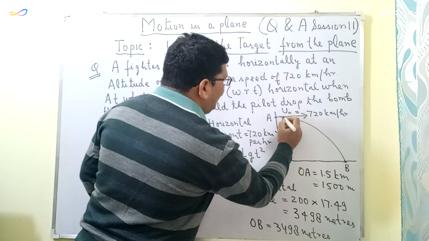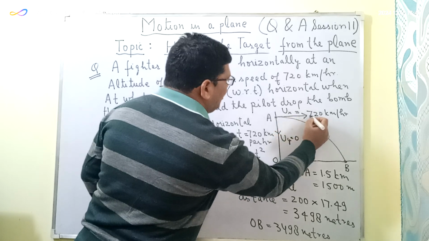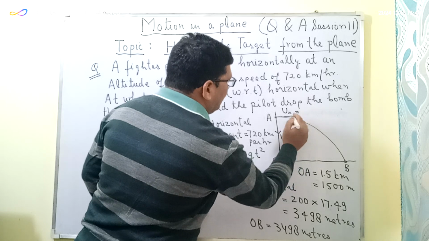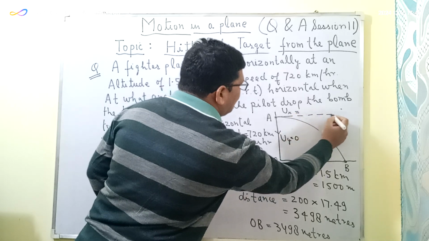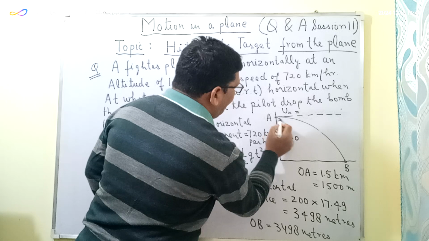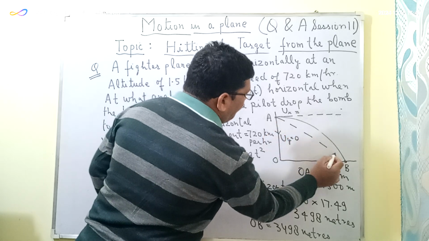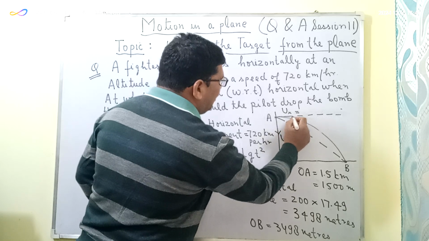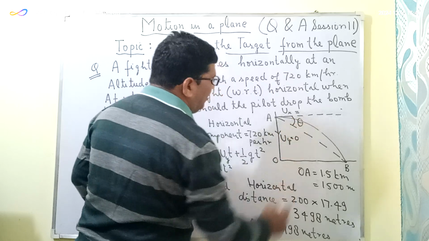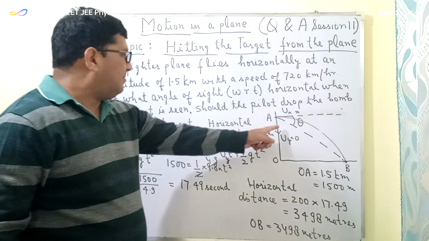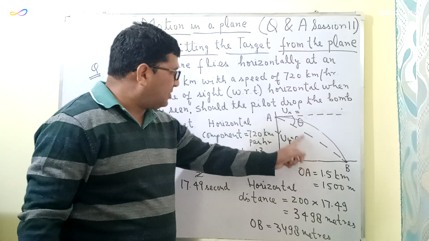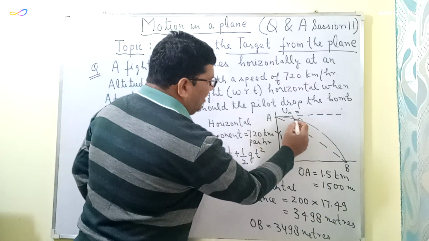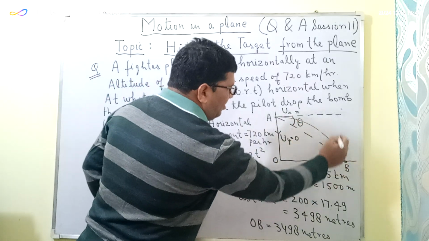Now we have to find the angle of sight with respect to the horizontal, so we have to basically find this angle theta.